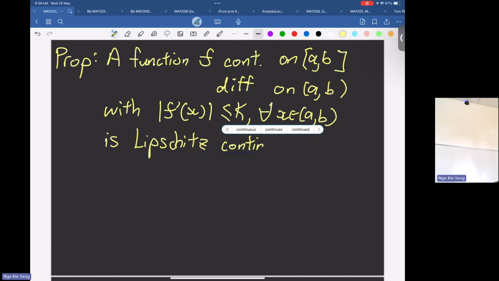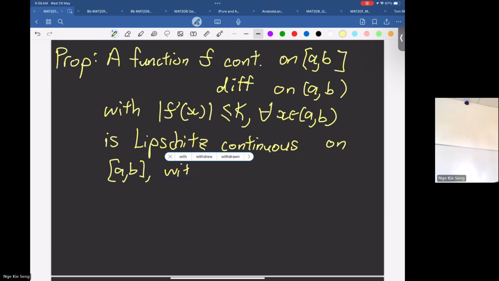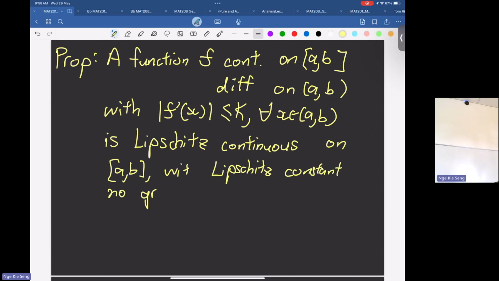Lipschitz is a person, so if you are interested, you can also look him up for your project. So f is Lipschitz on [a,b] with Lipschitz constant no greater than k.